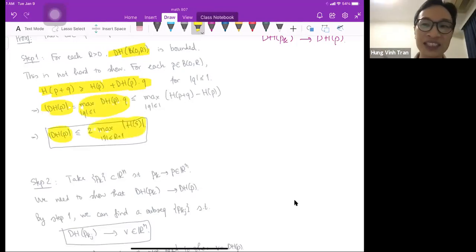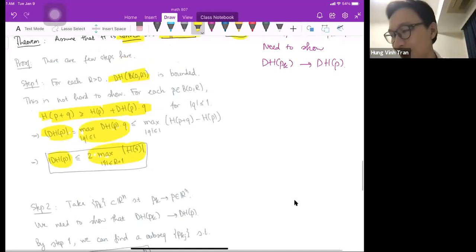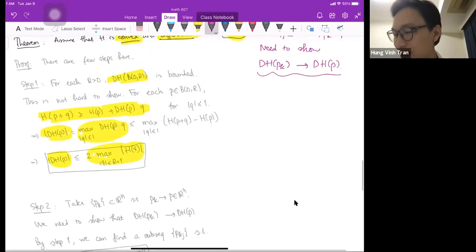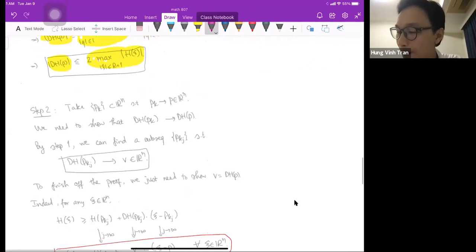Again, this might not be sharp, but you're just proving that it's bounded. Why? Because in order to prove convergence, we are in R^n, we first need to show that this is a bounded sequence. Just a classical trick for sequences in R^n. Not a big deal.